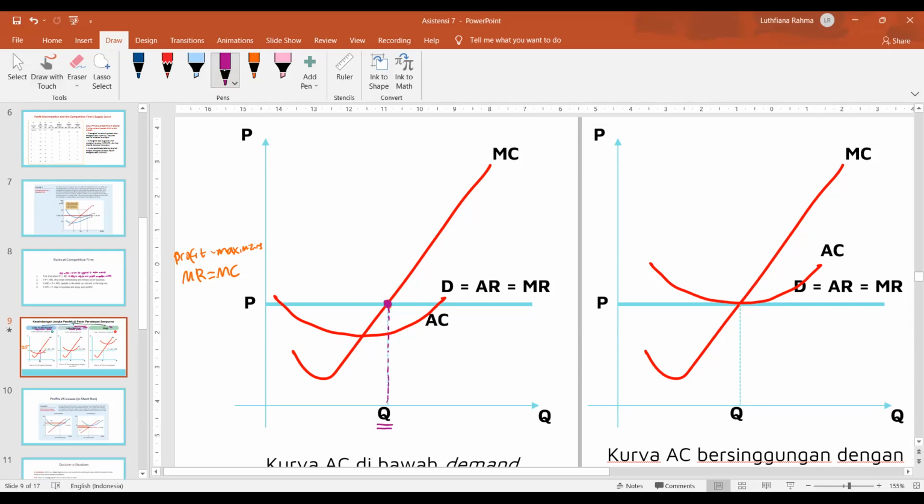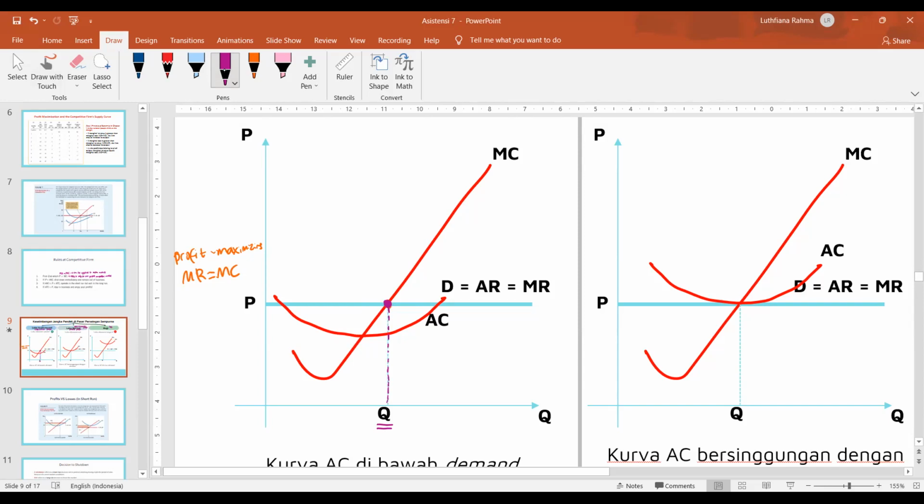After we produce at the quantity Q, we should find another condition in that firm. Okay, it is already chosen that we have to produce at Q. Then at Q, what is another condition in the firm?